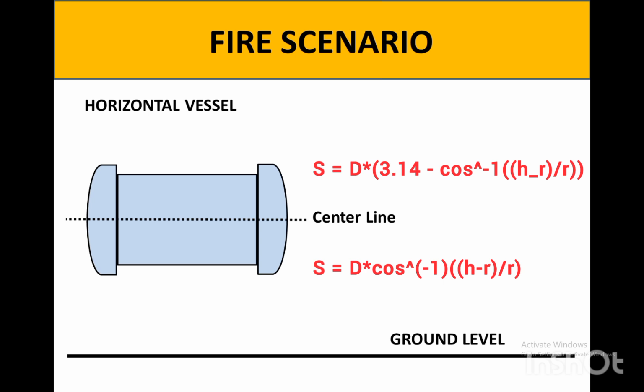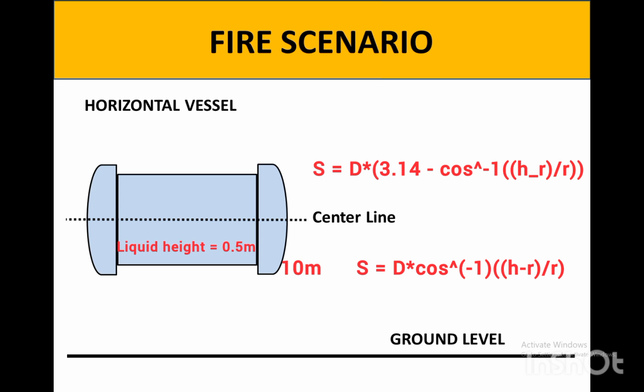To clarify what I mean by H in this case, let's consider that this vessel is installed, for example, 10 meter above the ground, its diameter is 2 meter, and the liquid within this vessel is 0.5 meter. So H in this case is 0.5 meter, and we should analyze it.